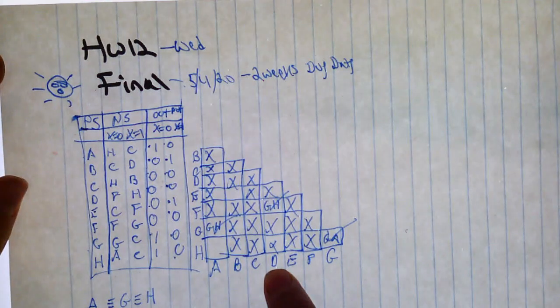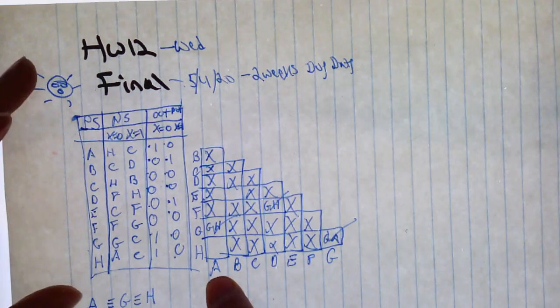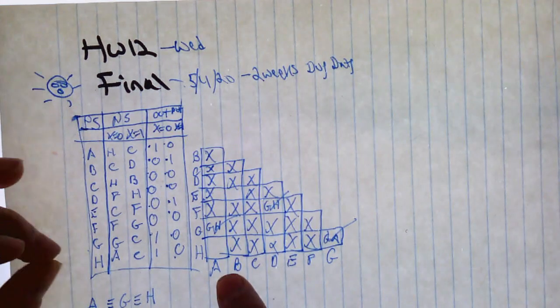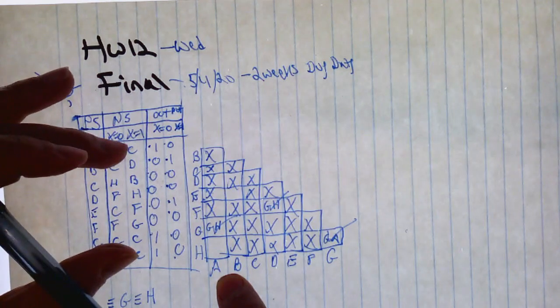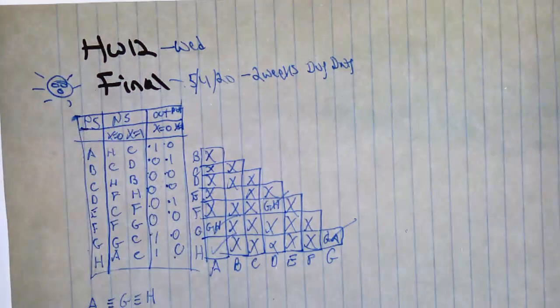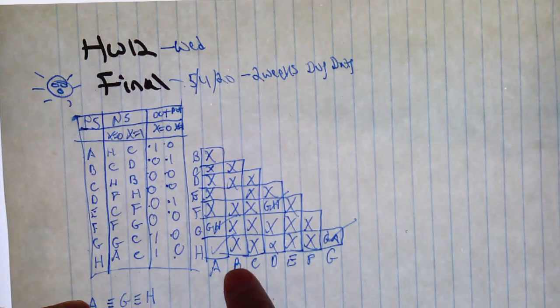So let's take a look at A and H. Well, we know those are equal, but we can check it just to be sure. A and H are true if A equals H and if C equals C. Oh yeah, A equals H. But we knew that already because of this. And then it says here, what about B and E? Yep, you got a question? Some questions?